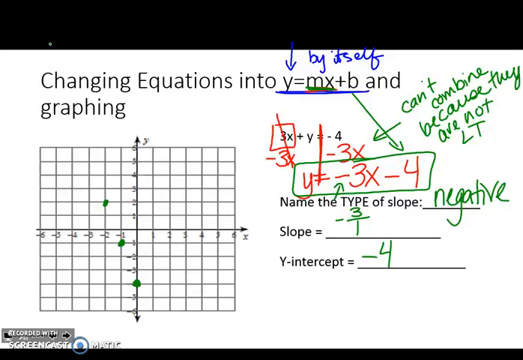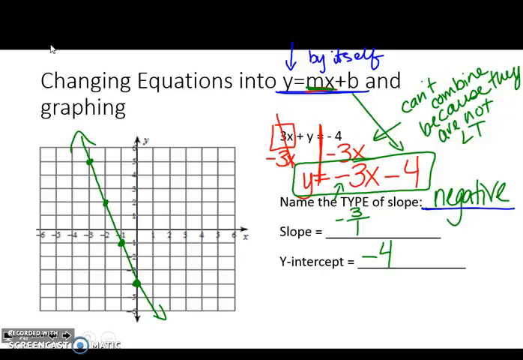And I'm going to have to continue that the entire length of the graph. Connect my points. And then the last thing we should be double checking is that we have a negative line going downhill, because that's what kind of slope we should have. And we do, so we are correct.